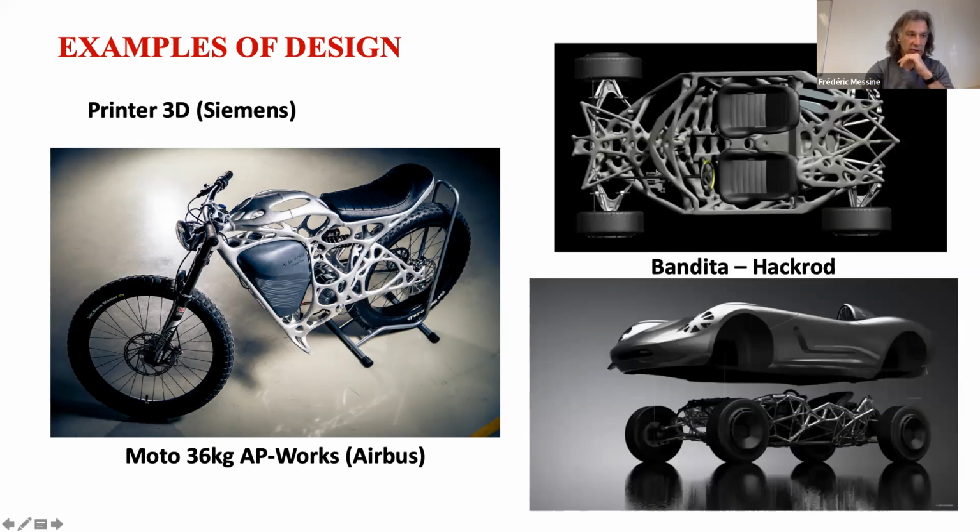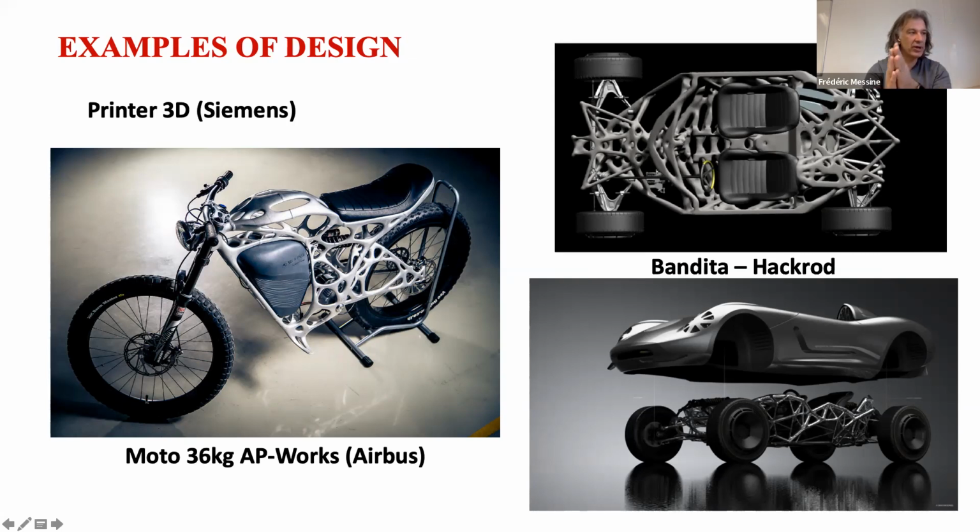That's the same for some powerful cars, also the Bandito, and everything is printed. All the structure was printed with a 3D printer. So now, what is interesting, you can see that all the designs are very optimized.